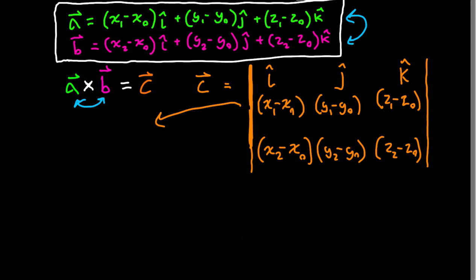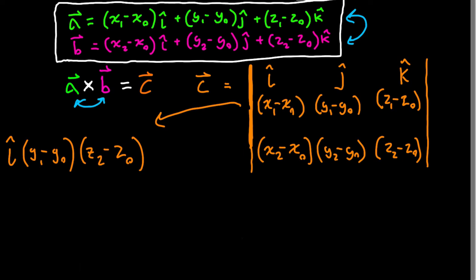That means we're going to take i times y1 minus y0 times z2 minus z0. All right, so that's one.